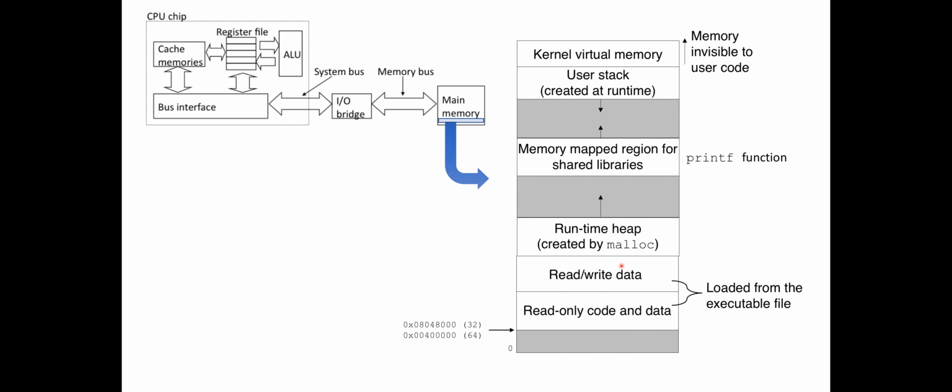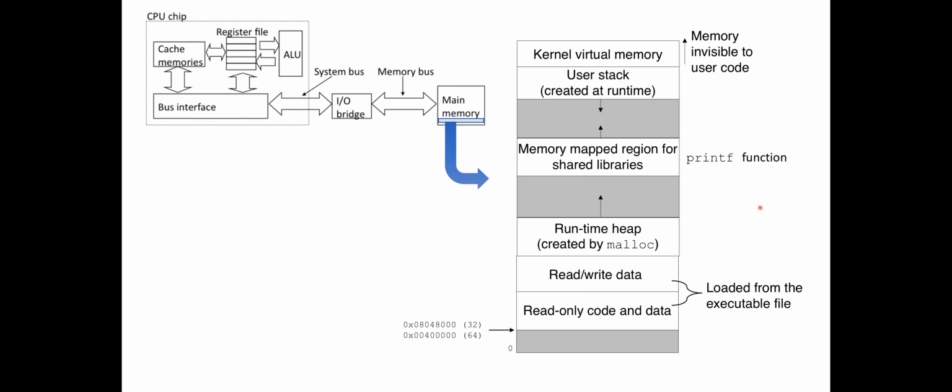So there is the portion here that's the instructions themselves that are being executed, and also any of the data. Some of the data might be constants that are read-only. Some of the data might be regular variables that you have declared in your code. And so those are all loaded into memory.